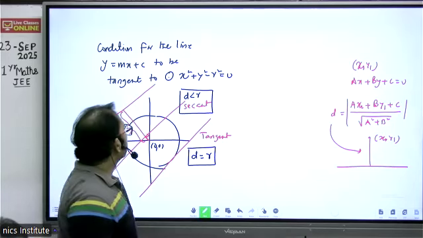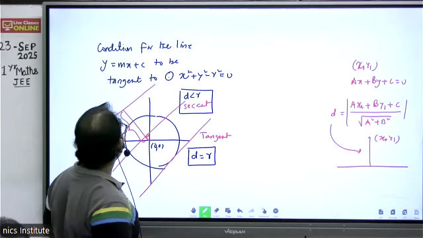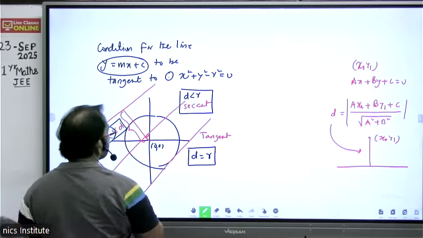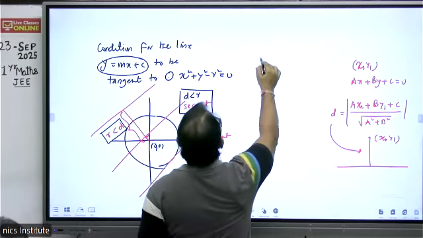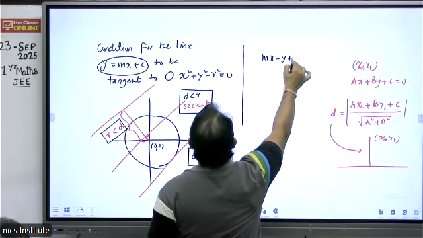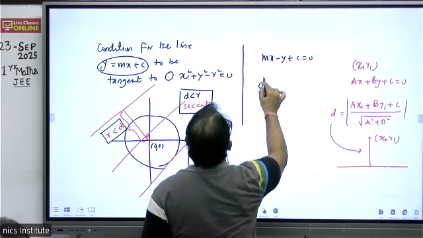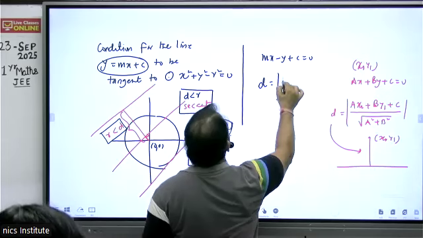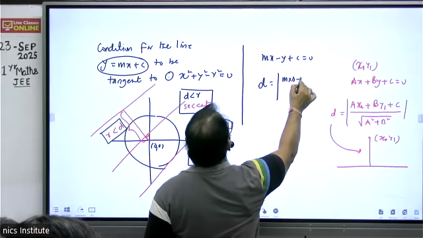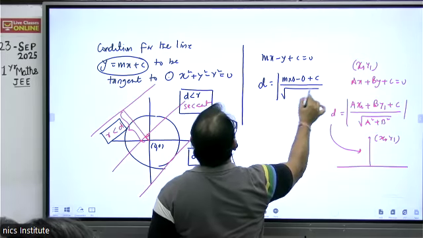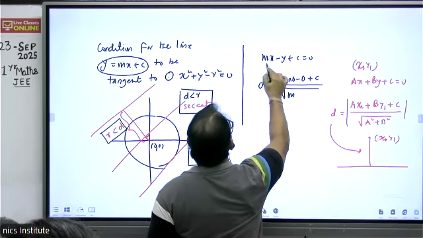Now the question is, how do you find the distance of this line from the center of the circle? The line is mx minus y plus c equal to 0. So distance you can find using modulus. What is the point? 0, 0. m into 0, y is also 0, c divided by root of a square plus b square.